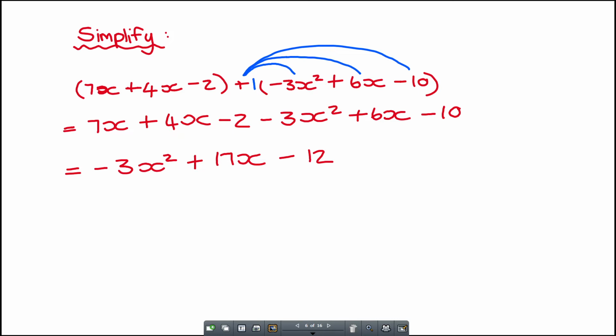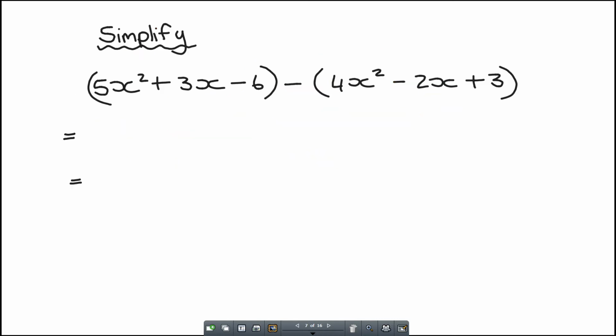Anyone still busy? Good. The next one. Again, we've got to simplify, but what's written in front of this bracket? A 1. So would it change anything at the first bracket? No, so that's going to stay 5x squared plus 3x minus 6. But from here on, there's actually a minus 1 in front.